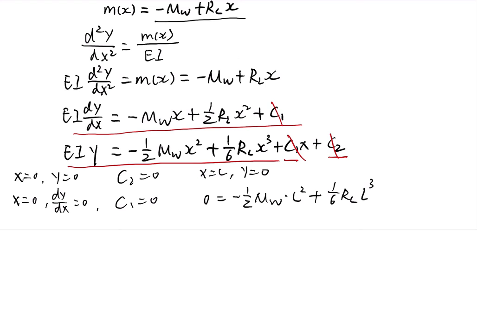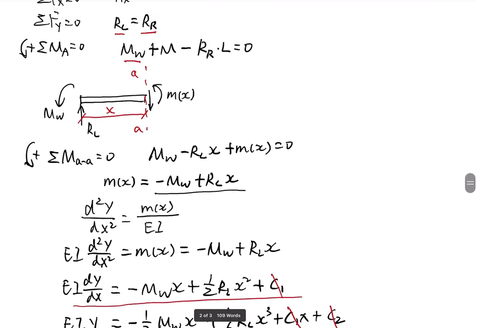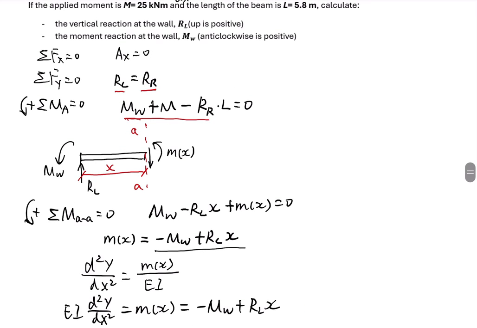So this equation is an equation for MW and RL. Let's simplify this equation. We will find RL times L is equal to 3 MW. Okay, so we got one extra equation. So using this equation and the other equation, we can solve MW.